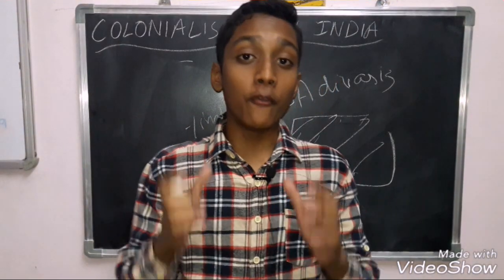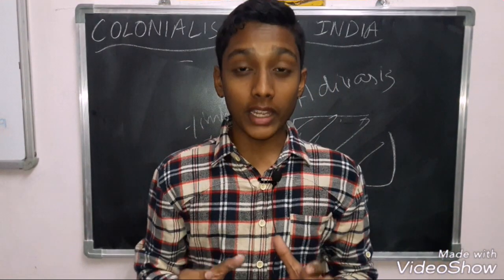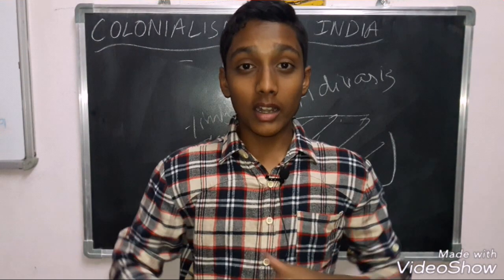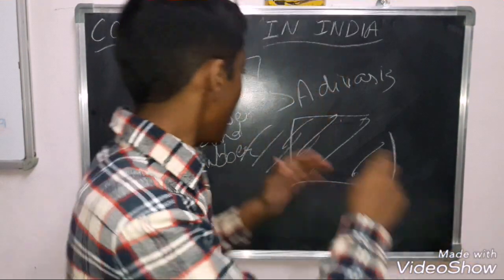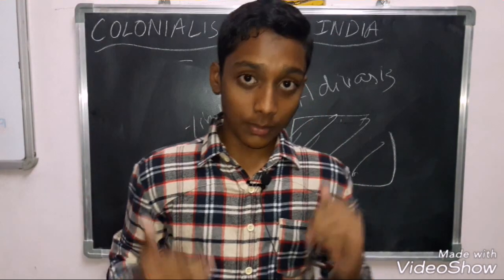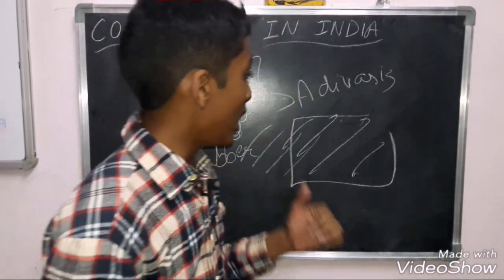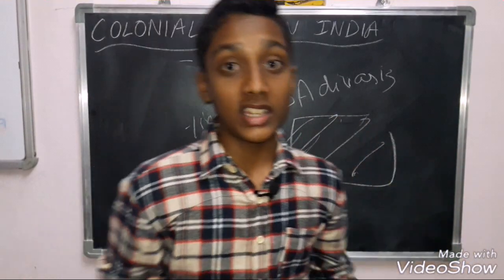These two trees were very profitable to them. The Adivasis, as I said, carefully protected the forest. They didn't want anybody to devastate the whole forest, so they didn't like the policies of the British. That's obvious.